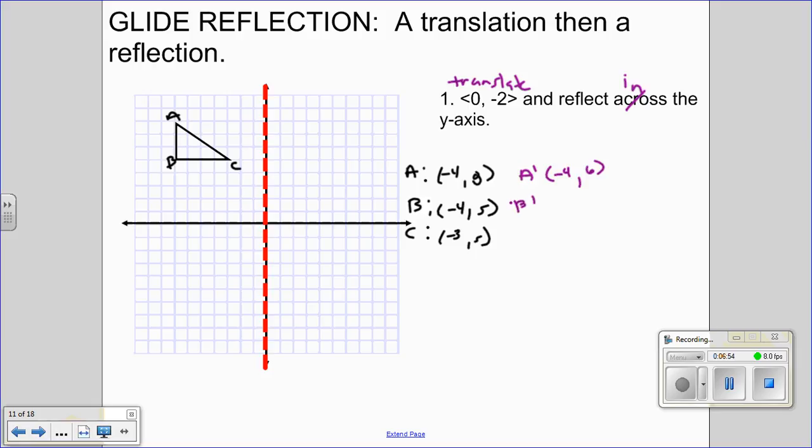For B prime, again it stays -4, but my 5 will decrease to 3. And C prime, -3 would stay the same, but the 5 would decrease to 3. So here's the new figure after the translation. Each point goes down 2. So here's my new triangle.